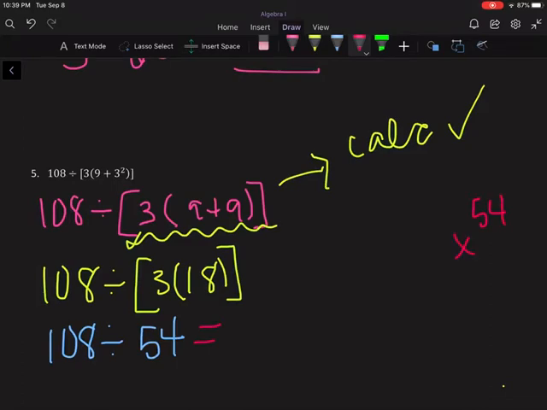And if you need to go to the side and do that, 54 times what? I'm going to say 3 because, oh wait. Yeah. I need an 18 here.